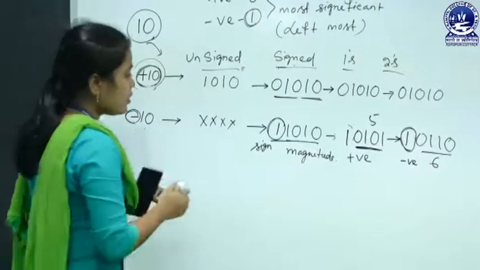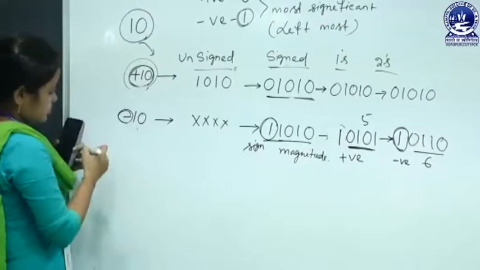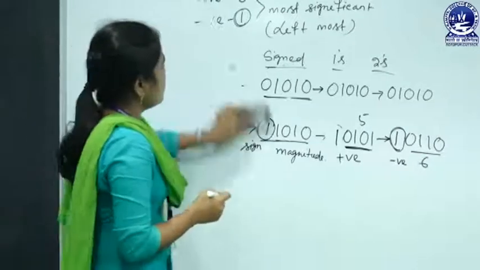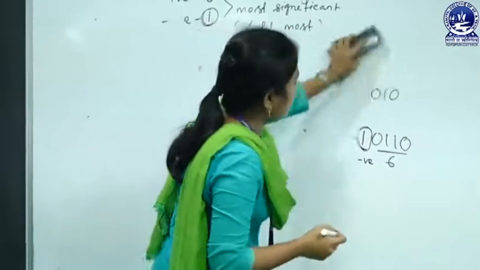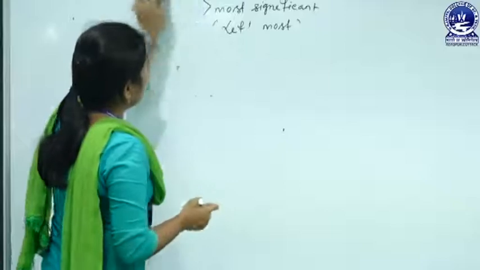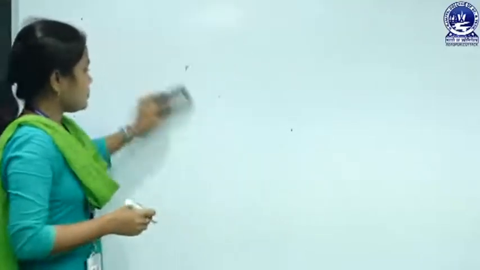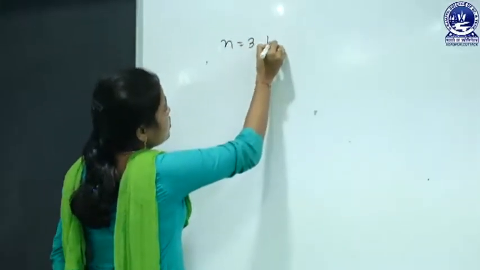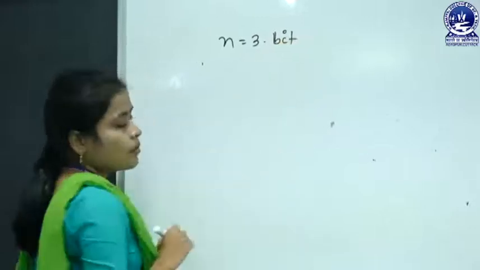Okay. So let us see how the binary values are converted into their 2's complement and 1's complement if the n value is given. Let n equal 3 bits. Okay.